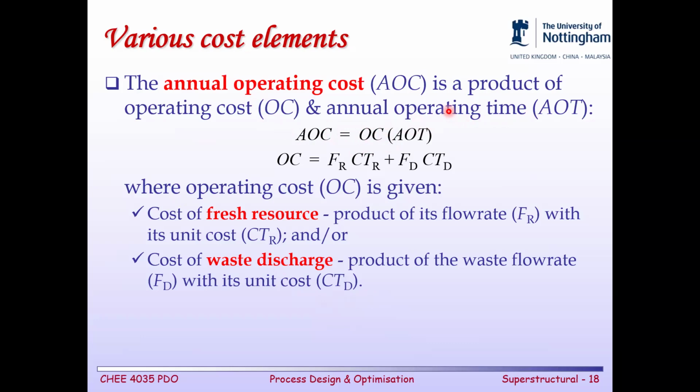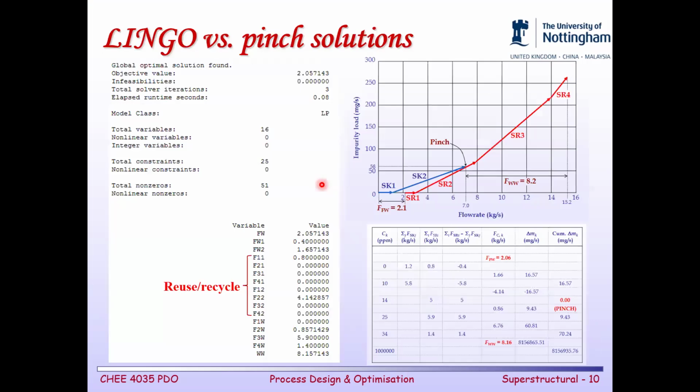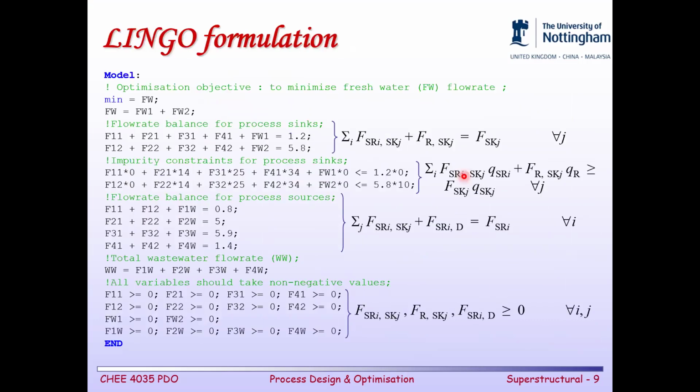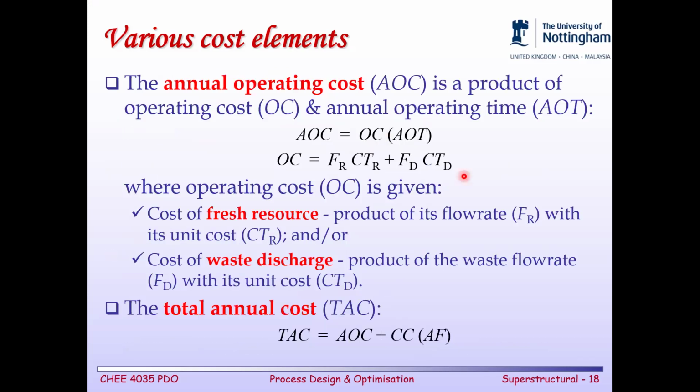So how do you calculate the operating cost? You can do that by, in our case, the cost of the fresh water and the cost of treating the wastewater. Since our flow rates in the problem are per second, yes, it's per second, then we convert this to annual by using the factor, annual operating time.